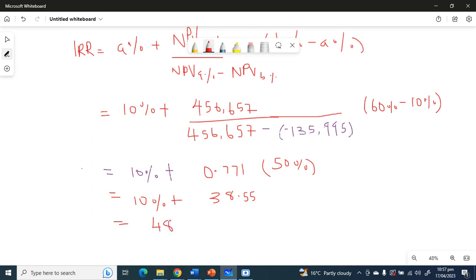That's our internal rate of return. So we compare it with our cost of capital, which we tabulated. Our WACC was 10%. This is greater than our cost of capital, so we accept the project.